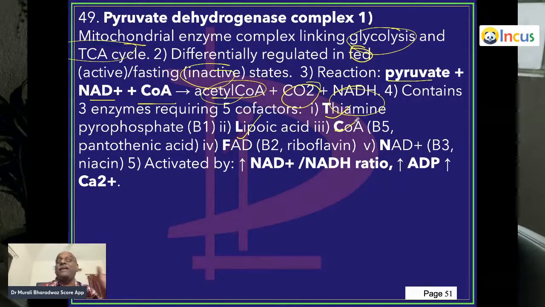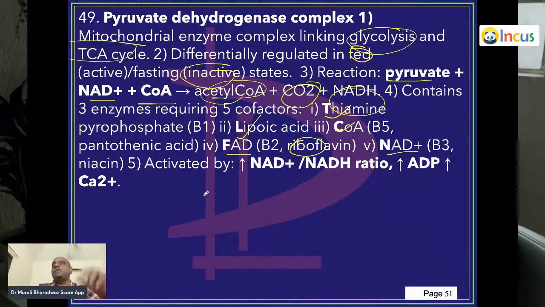PAN is pantothenic acid, panch hota hai, B5. B5 is pantothenic acid, which is the part of coenzyme A. Then it requires riboflavin, which is FAD. Then it requires vitamin B3, which is NAD.